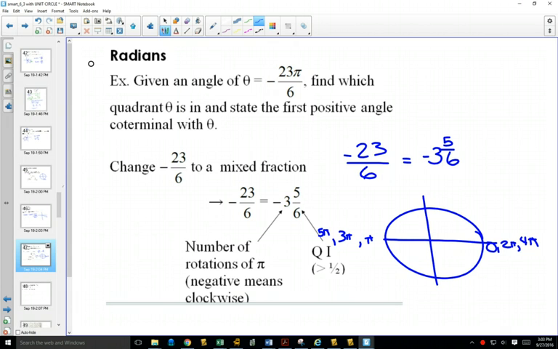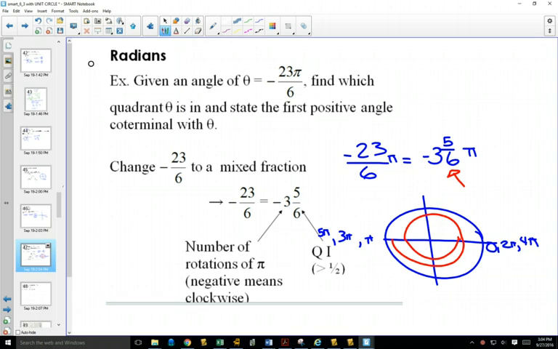So when we have negative 3 and 5/6 pi, and we're trying to figure out where that ends, first of all, negative would start here and go in this direction. This would be negative 1 pi, negative 2 pi. Negative 3 pi would get us to there. And now we're looking at whether the fraction that's part of the mixed fraction is bigger than a half or less than a half.